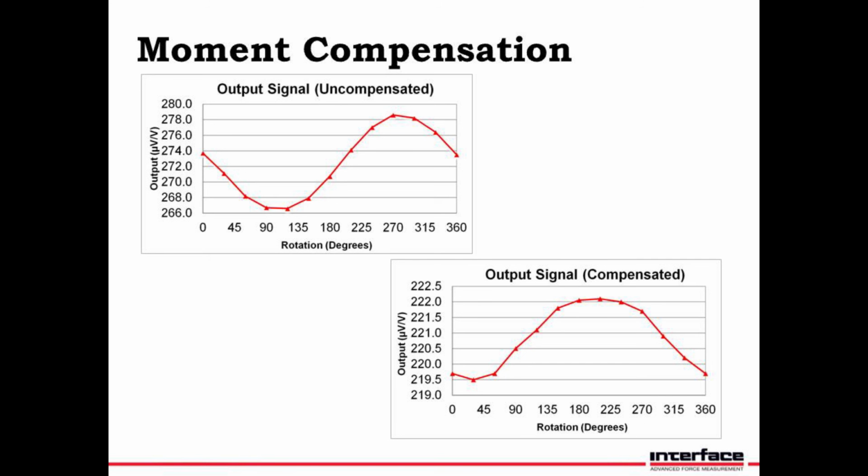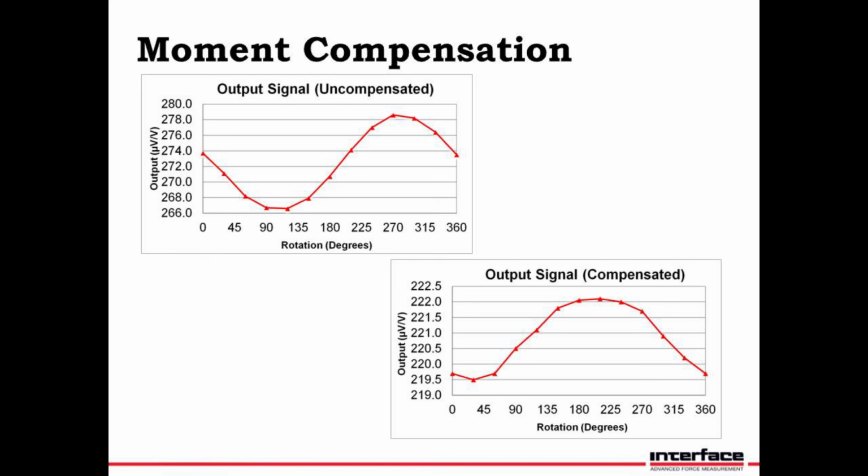So in this next slide, we show the typical signal characteristic of a sensor that has not been moment compensated, along with the same output signal. However, in this case, the sensor has been compensated.